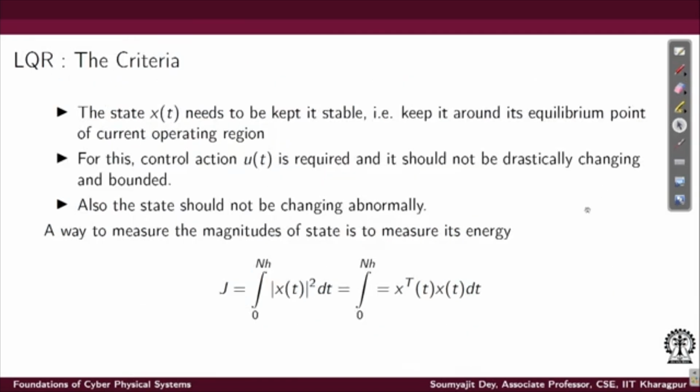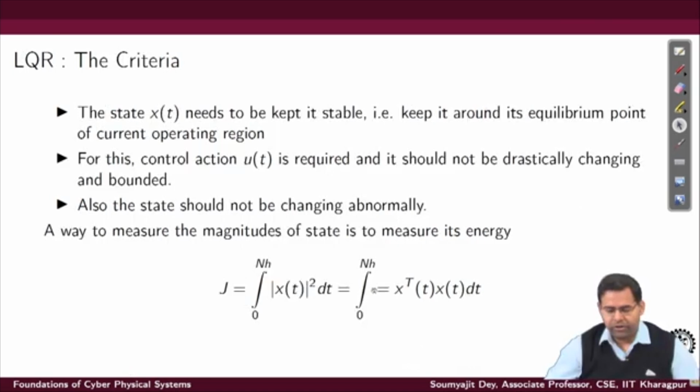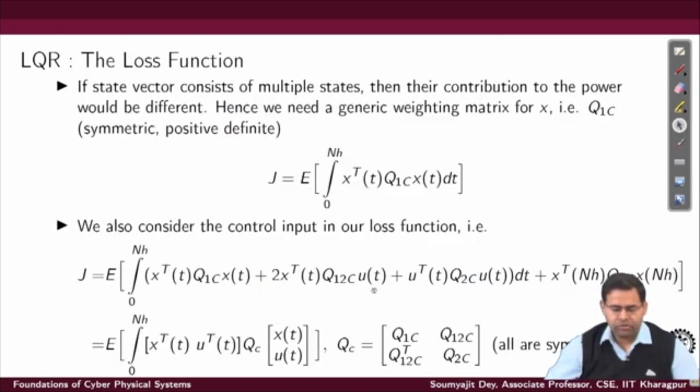Now, the question is, we said that we will integrate and all that, but what are we really trying to look at? We are trying to look at the average cost of this summation. So, we bring in an expectation here. What we will try to do is minimize the expected value of this objective function.